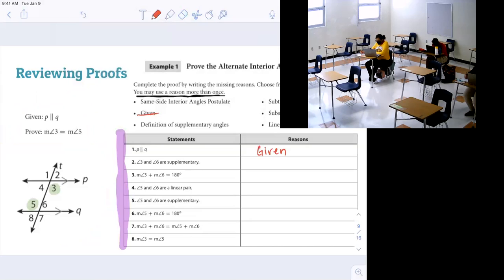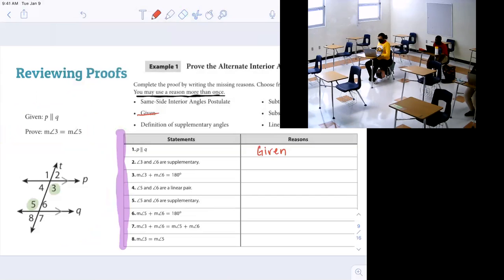So first thing is P is parallel to Q, that is given. Then it tells us that angle 3 and angle 6 are supplementary angles. Now look through those definitions, look through those postulates, and let's see if we can figure out which one we can use to tell us that.